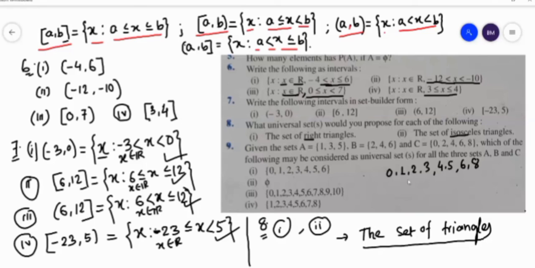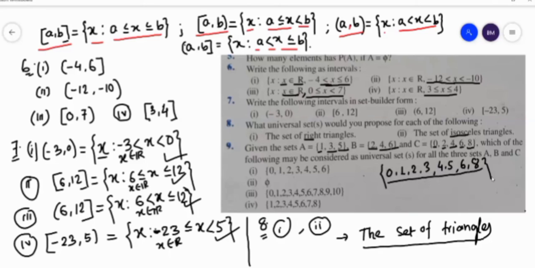These are the elements in A, B, and C: 0, 1, 2, 3, 4, 5, 6, and 8. All elements covered. So all these elements must be there, and it can contain more than these elements.